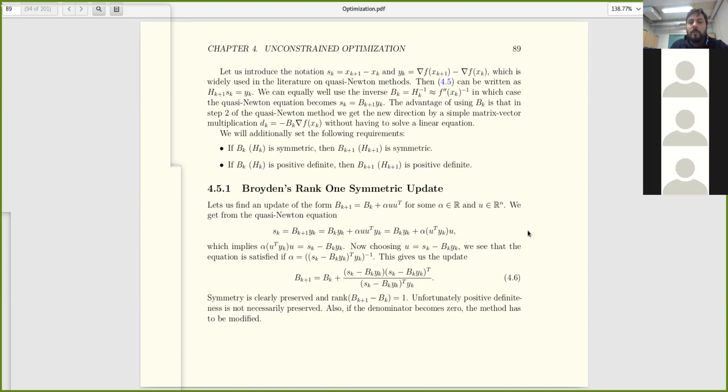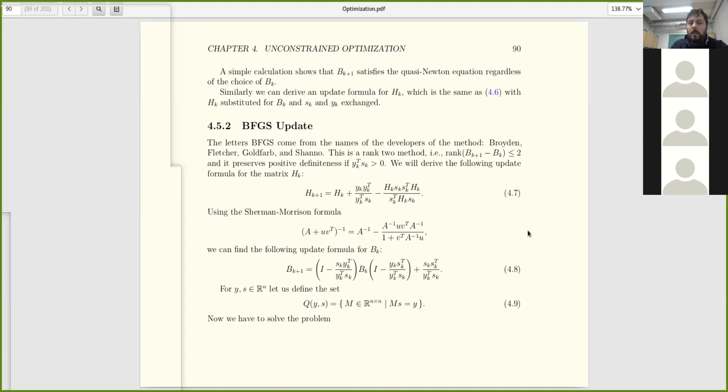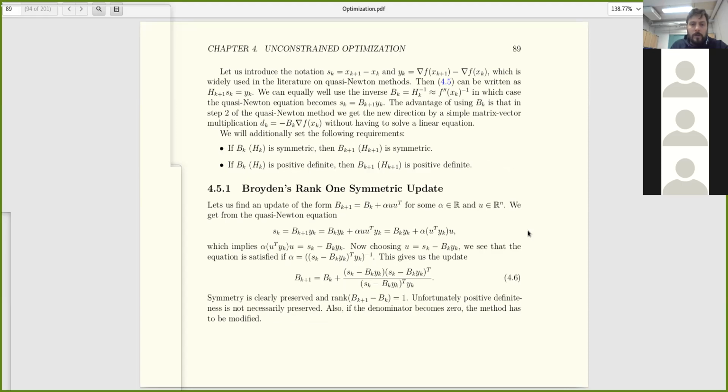Instead, we use its inverse, when we do the BFGS and we use the HK here, then we use its inverse, or we use the B matrix in the Broyden, then we use that not as an inverse, but as the matrix that actually multiplies the gradient. So we'll take a look at these in the exercises next week.